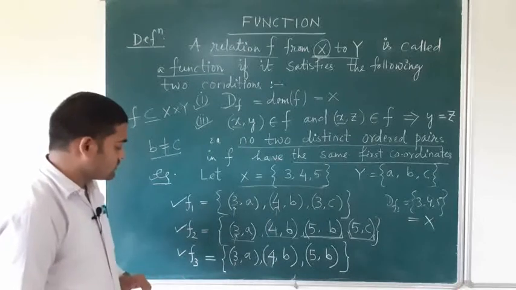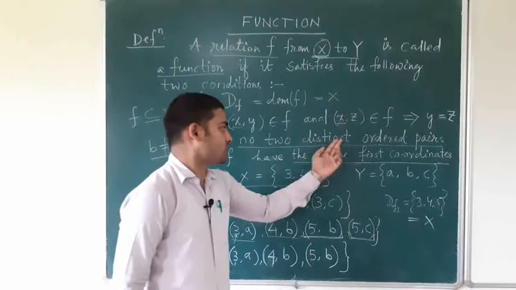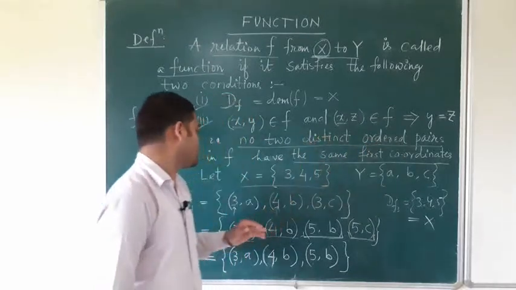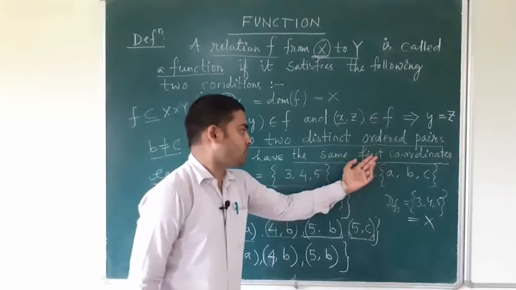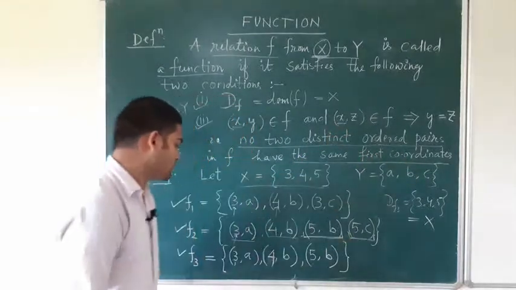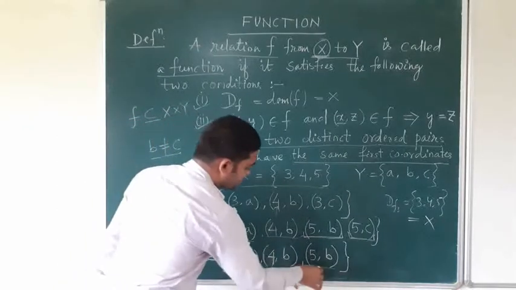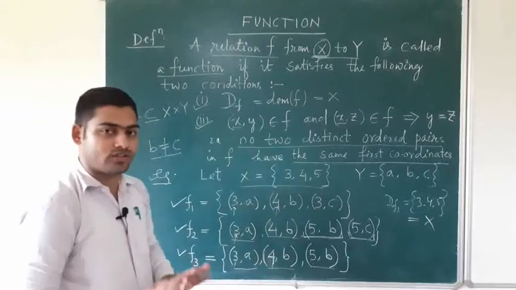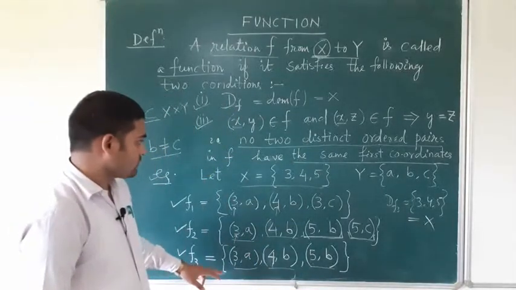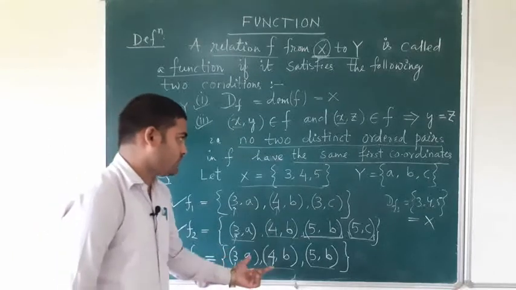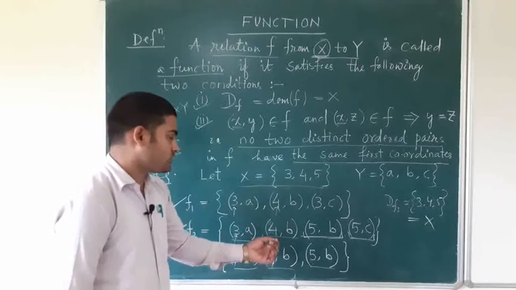Now come to second. No two distinct ordered pairs in F have the same first coordinate. See, here the three ordered pairs are distinct, and no two ordered pairs have the same first coordinate.